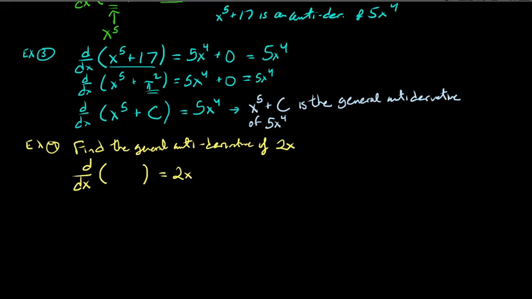I hope you don't have to think too long about that. If you take the derivative of x squared by the power rule, you just get 2x. Plus any constant, so the derivative of x squared plus c is going to be 2x. So the general antiderivative of 2x is x squared plus c. And the way to check that is to take the derivative of it. If you take the derivative of x squared plus c, you get the 2x.